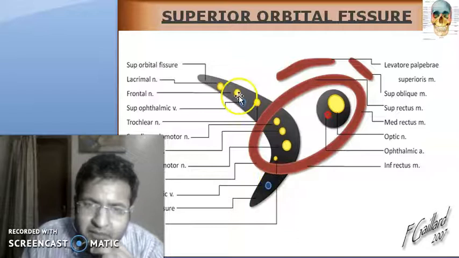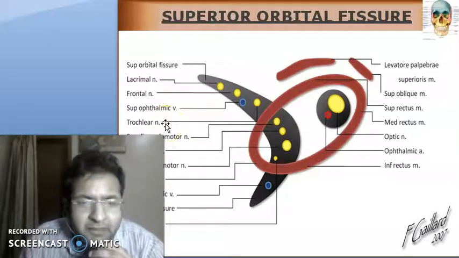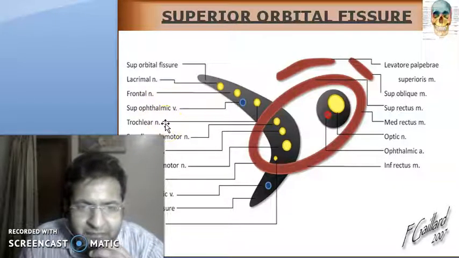In the upper part, the structures which pass are the lacrimal, frontal, and trochlear nerves, to be remembered by the acronym LFT, and the superior ophthalmic vein.